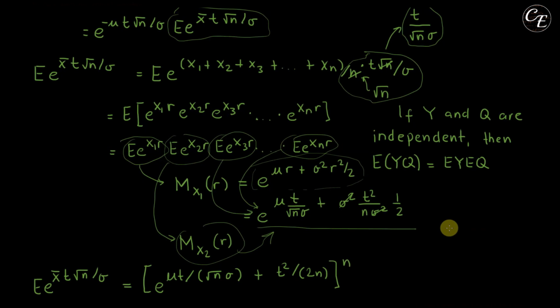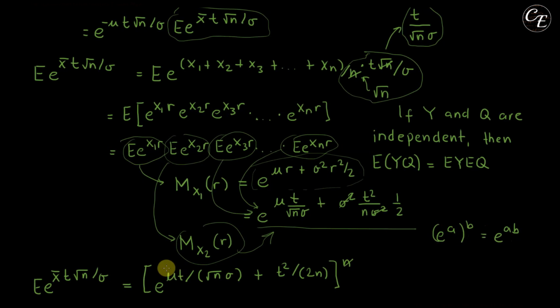And we know from algebra that e raised to a raised to b is equal to e raised to a times b. So we can just put this n inside in here.